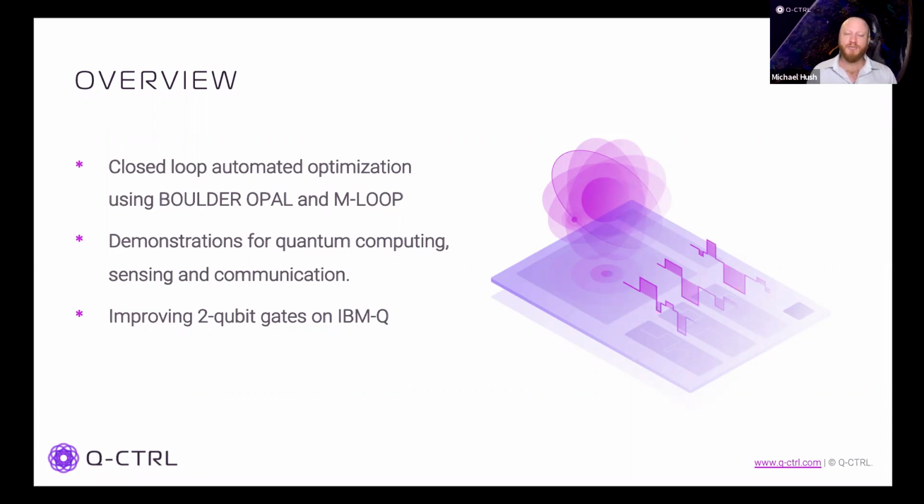In the second section, we'll then give a series of examples of how you can use this automated optimization feature to improve performance of quantum experiments that are relevant to quantum computing, quantum sensing, and communication. And then finally, we'll have a section giving a preview of our latest results where we've used automated optimization to improve the performance of 2-qubit gates on IBM-Q.